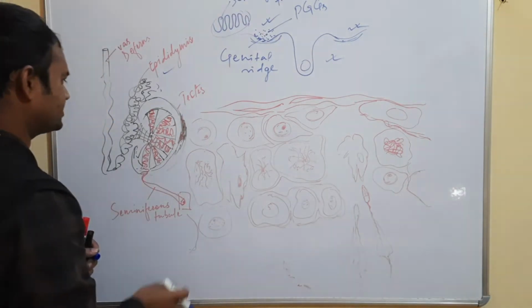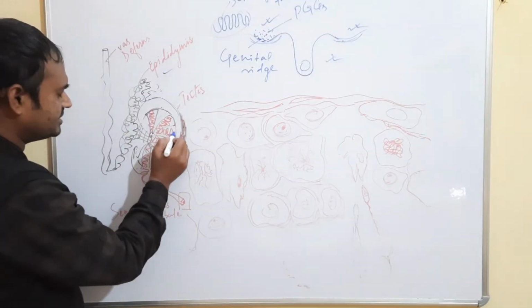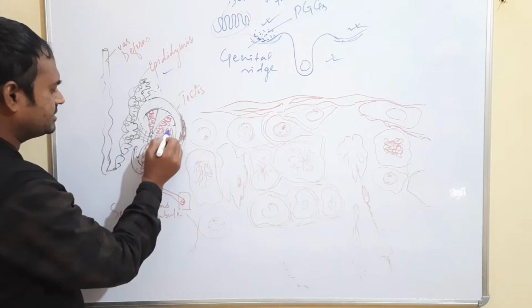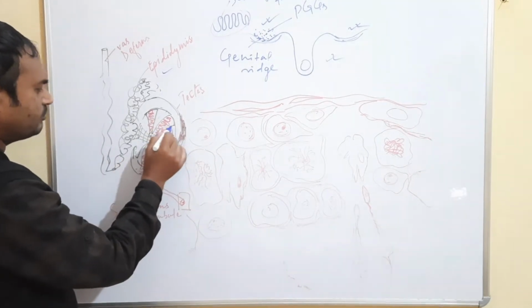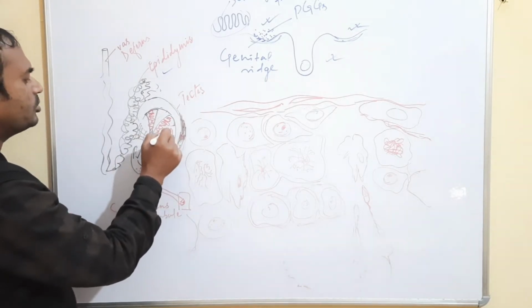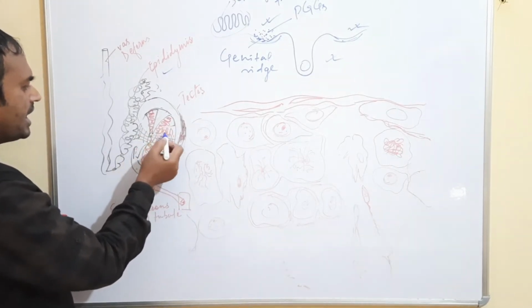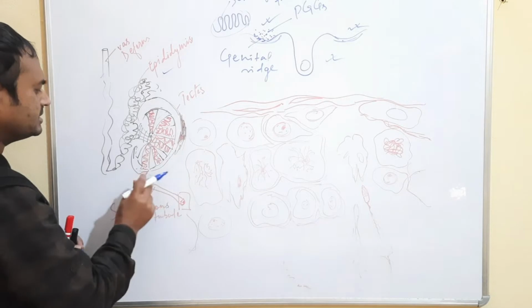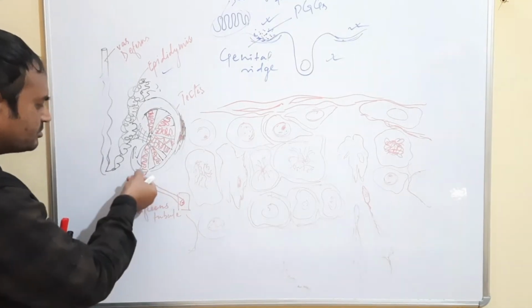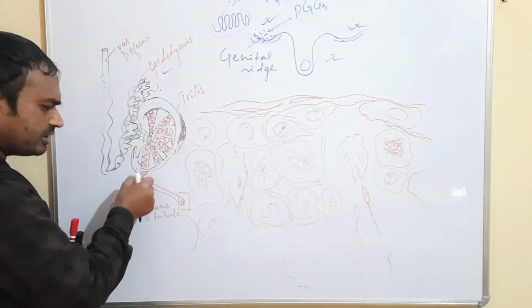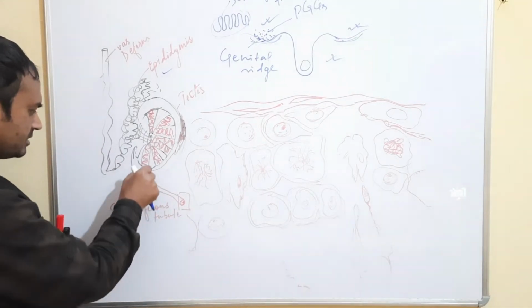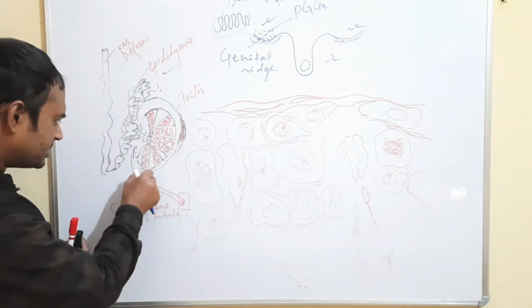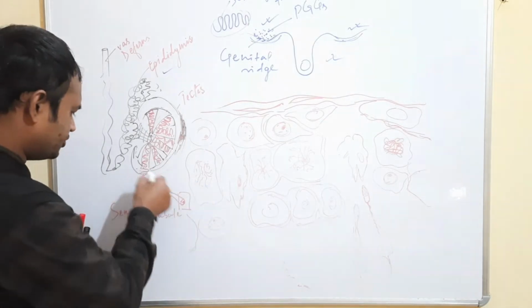Whatever we are seeing here in the red color is a convoluted pipe, and this is called the seminiferous tubule. Just pick out one end of the seminiferous tubule, one of the seminiferous tubules, and just stretch it.